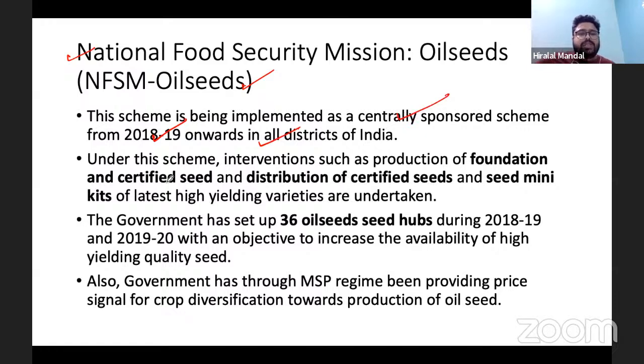Under this scheme, certified seed is distributed, and the production of foundation and certified seed has also been encouraged. At the same time, high yielding varieties, mini kits, have been distributed by the government. All right. The government has also set up 36 oilseed hubs in order to increase the availability of high yielding quality seed in oilseeds.